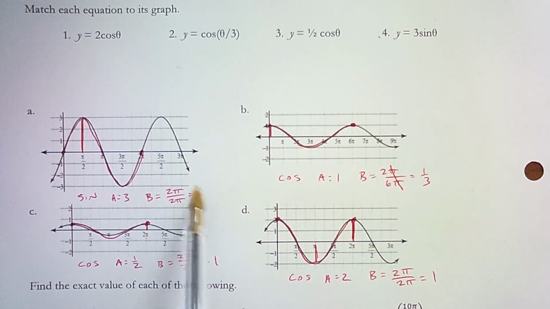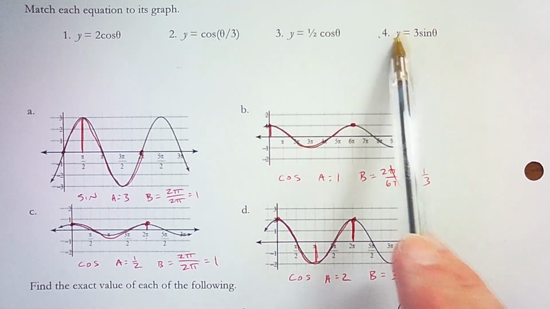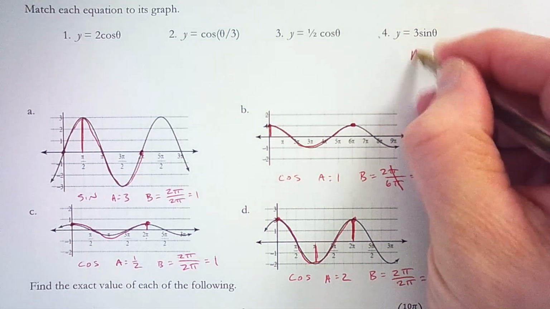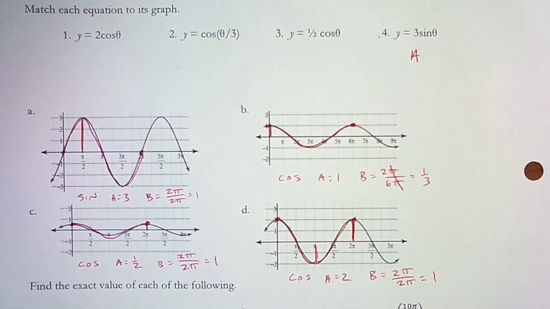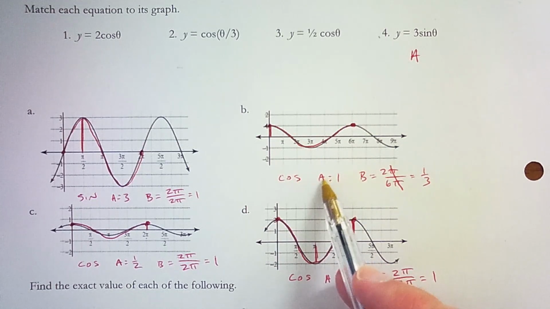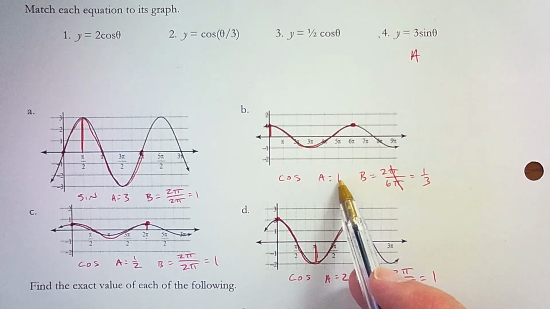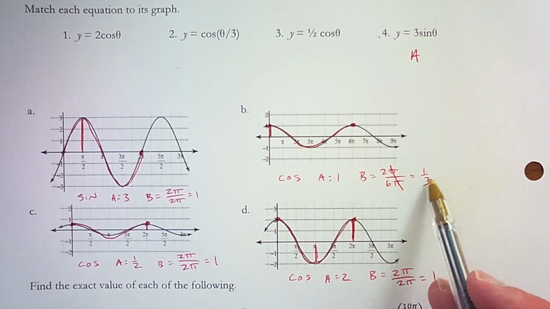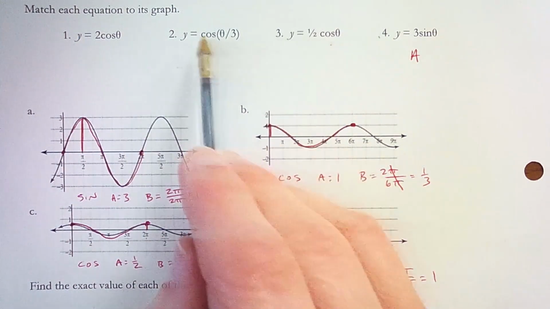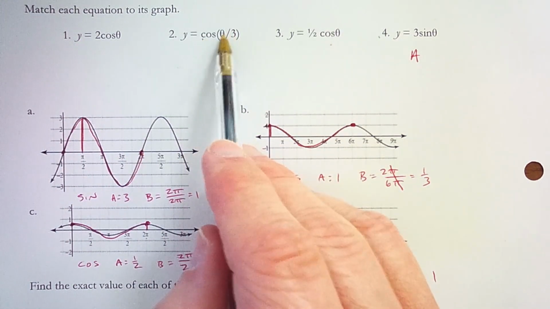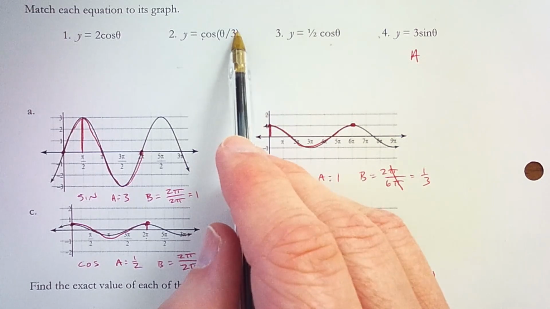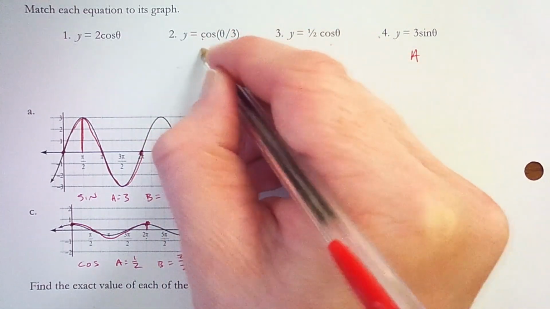Sine with an amplitude of 3 and b 1. This is the only option right here, so number 4 is A. Cosine with an amplitude of 1 and b of 1/3. This is the only one with an amplitude of 1, and it's theta over 3, which is the same as 1/3 theta.